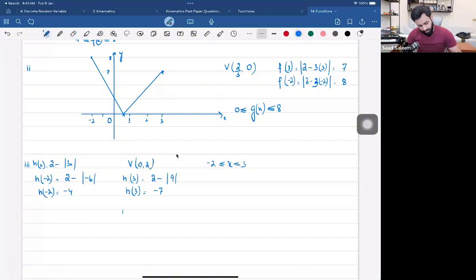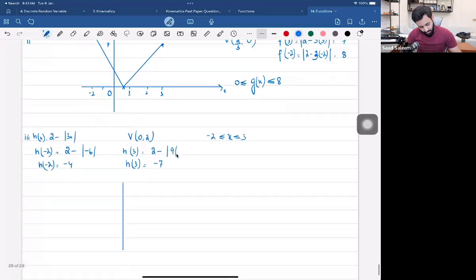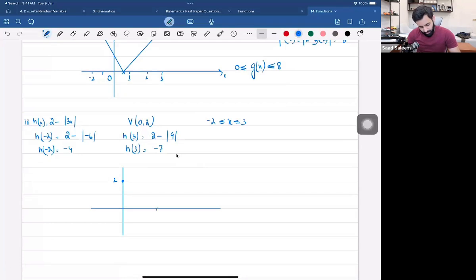Okay. Now let's make a rough sketch. So 0, 2 means somewhere over here. Now when you plug in 3, you get -7. Okay, remember it's a rough sketch. So here is one straight line.